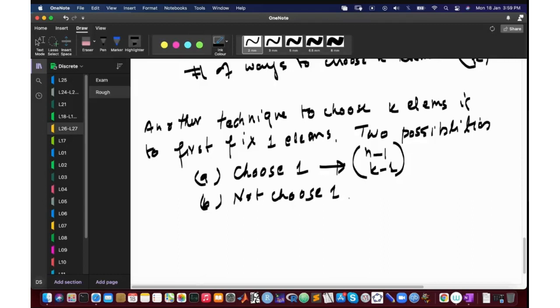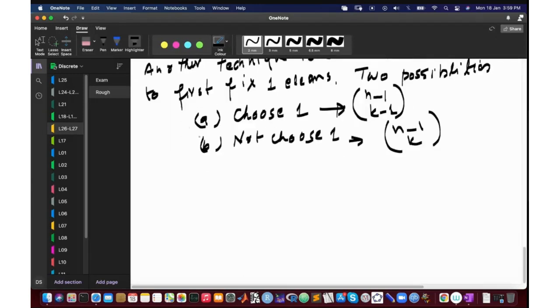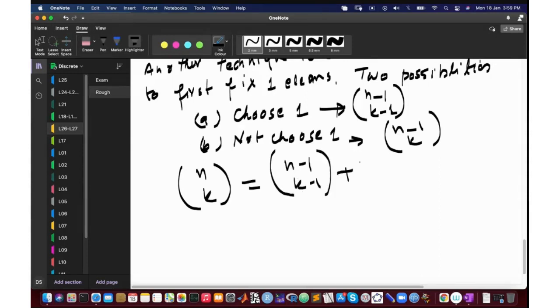Okay, but if you don't choose 1, then you have to choose all the elements from the remaining elements. Okay, so since these two are two exclusive choices that you have, we know that n choose k is equal to n minus 1 choose k minus 1 plus n minus 1 choose k, and that's it. This completes the proof.